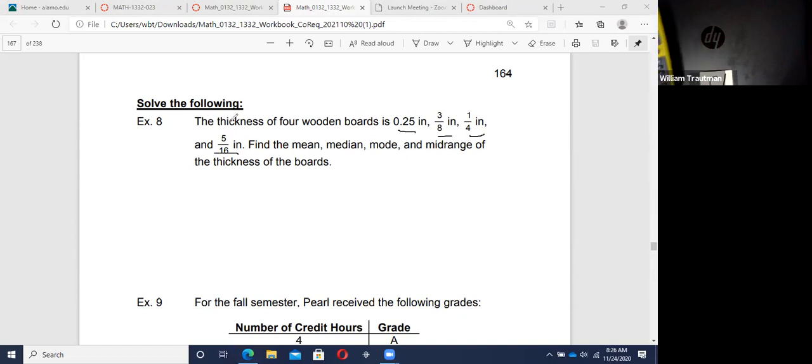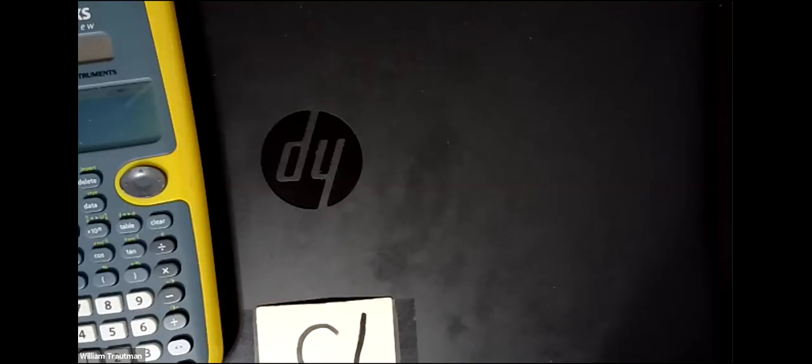Let me write these all down so when I leave it, I can come back to it. 0.25, 3/8, 1/4, and 5/16, and then 0.25. So there are 4 numbers I'm going to type in. So I'm going to go to my calculator and type them in.